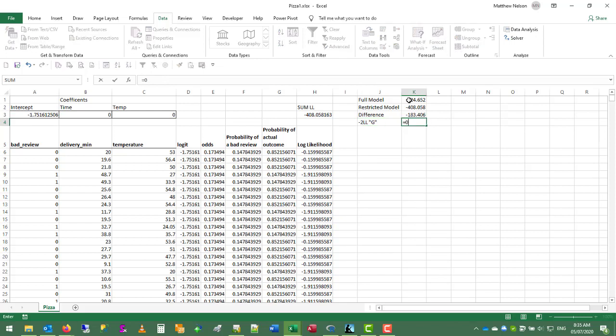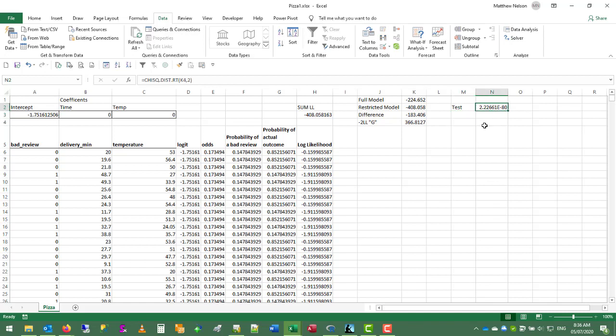So we'll do negative 2 times the difference, and that gives us a G value of 366, which is a very high number for a chi-squared right-tail distribution, and we'll test that using the function CHISQ.DIST.RT. And we'll take the G value for x, and we'll use 2 degrees of freedom representing our two variables. And we have a test very, very close to 0, showing that this is indeed statistically significant.